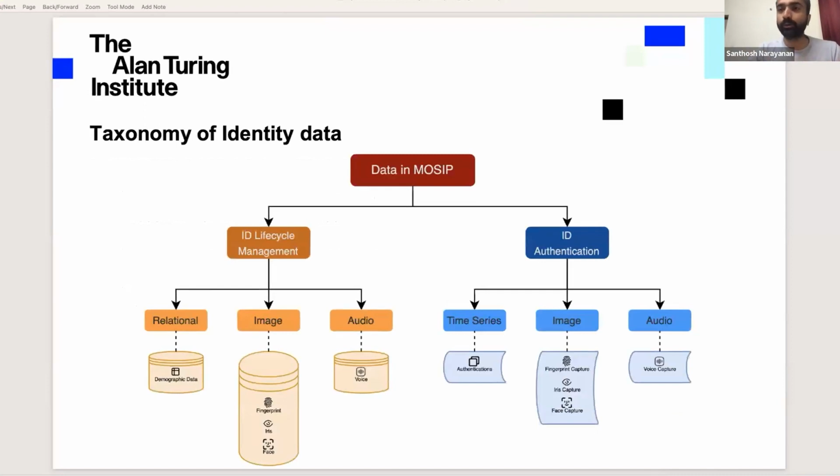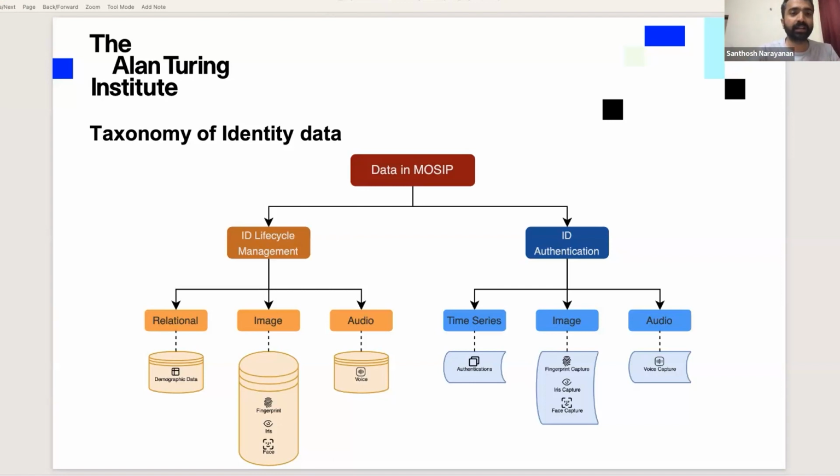So, okay, we do want to now generate synthetic data for all parts of the ID system. So let's just look at what are the different kinds of data that reside within an ID system. So taking MOSIP as an example, MOSIP likes to differentiate between data that is categorized as part of the ID lifecycle management and ID authentication as two separate categories.